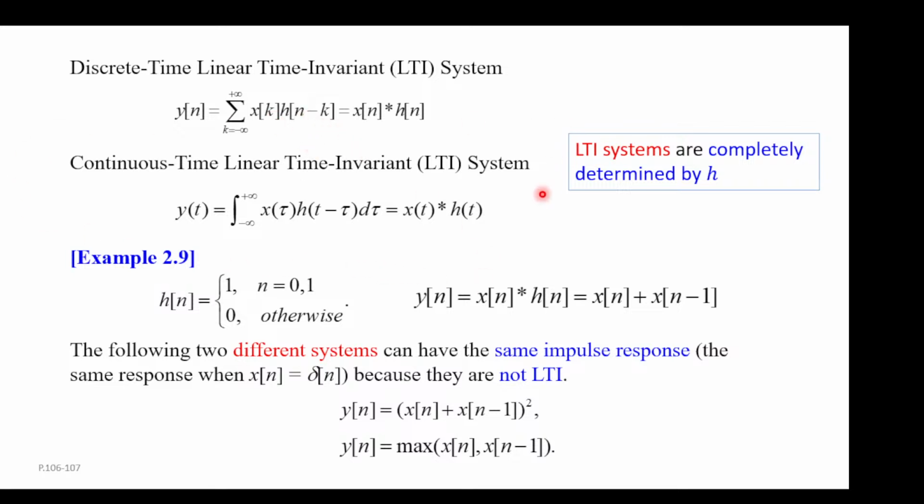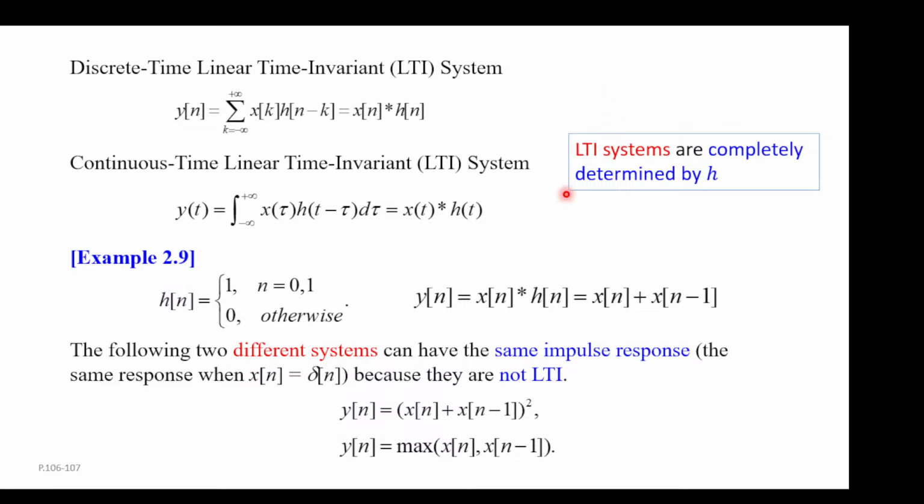And for a continuous time system, it's similar. Your output is totally determined by this h of t, because if you have some input x of t, you can just calculate the convolution. That's the integration of x of tau h of t minus tau d tau.